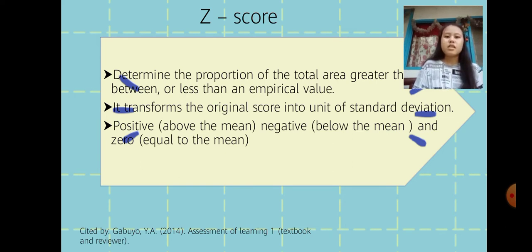The z value is positive when the raw score is above the mean, while the z is negative when the raw score is below the mean. From this, we can also determine whether an individual student performs well in the examination compared to the performance of the whole class.